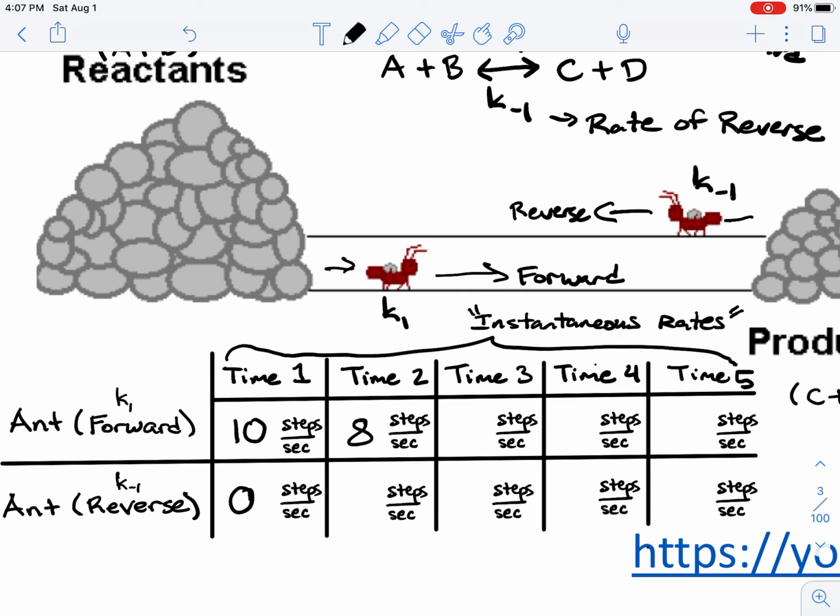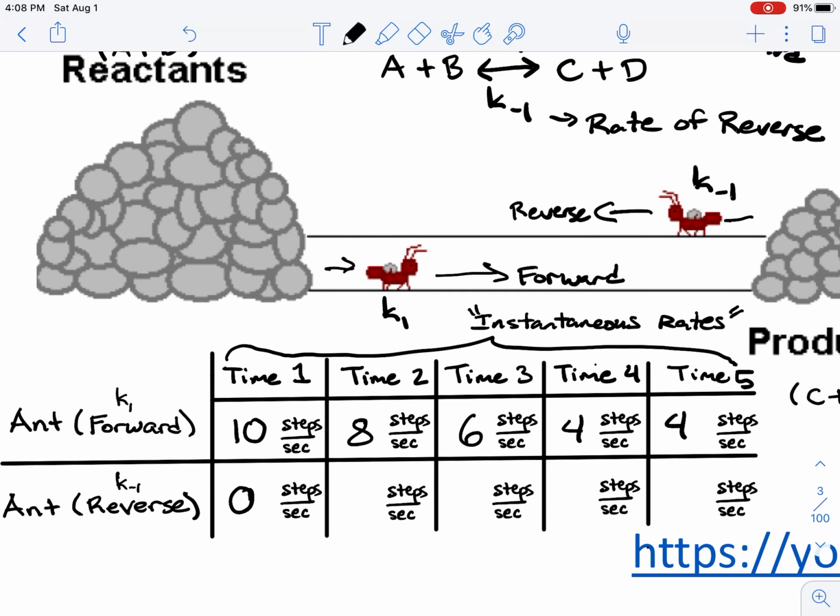So it's going to take 8 steps per second. And then time 3, maybe it's going to slow down even more to 6 steps per second. And then finally, it gets tired of running and it's just going at a leisurely pace. And so for time 4 and time 5, it's going at 4 steps per second. So all of this is describing the rate of movement of this ant going the forward direction.